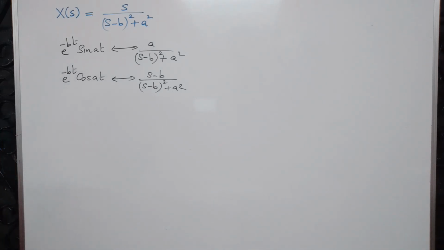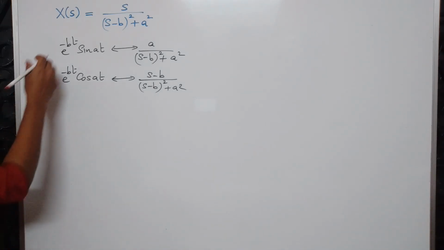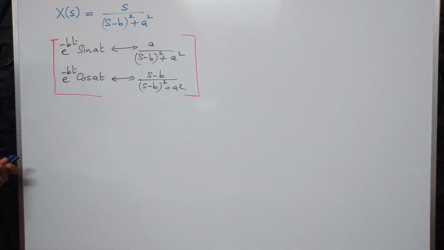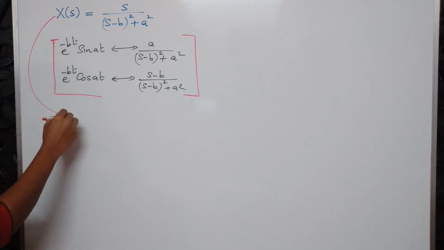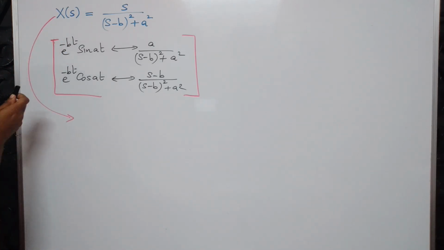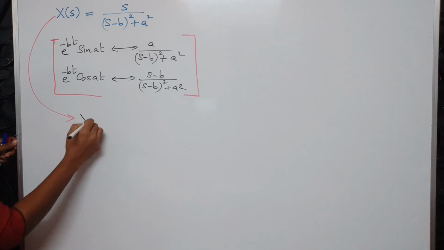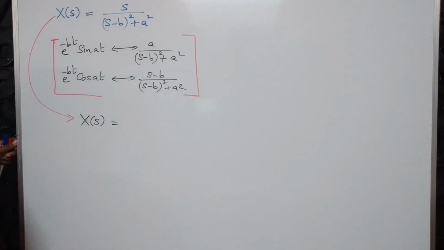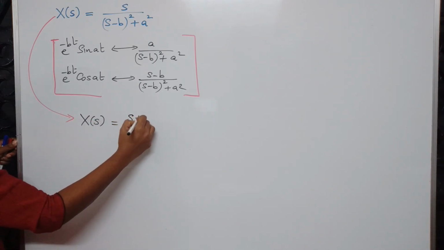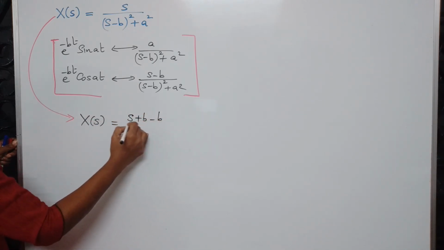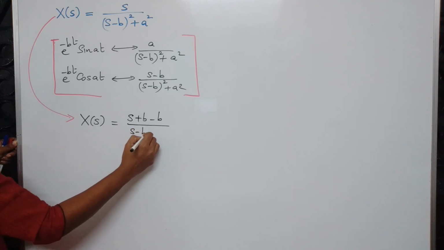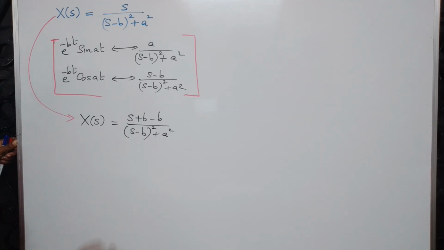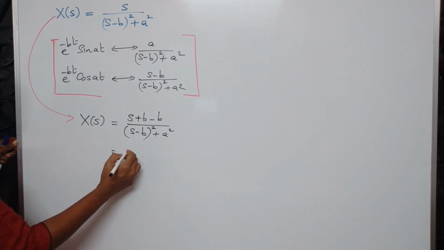So let's do that. I am going to convert our X of s by adding b and subtracting b, so it will be s plus b minus b by (s minus b) the whole square plus a square.